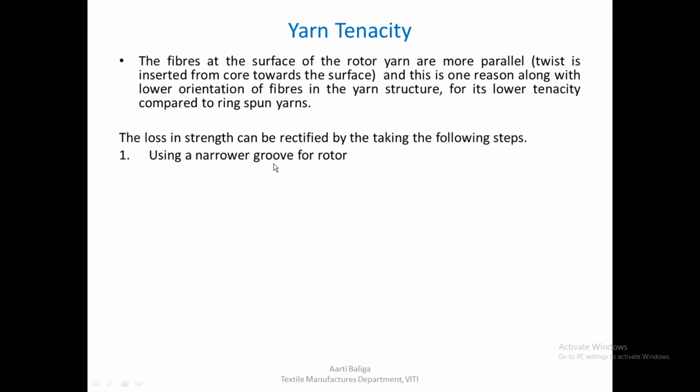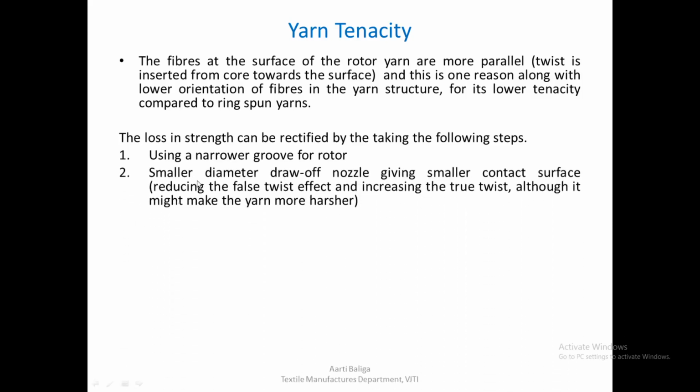One can use a narrower groove. When I use a narrower groove, the yarn produced is more compact and strength will increase. We can use a smaller diameter draw off nozzle, which will give us a smaller contact surface. And when it gives me a smaller contact surface, it will reduce the effect of false twist. We have seen the relation in our earlier lecture.